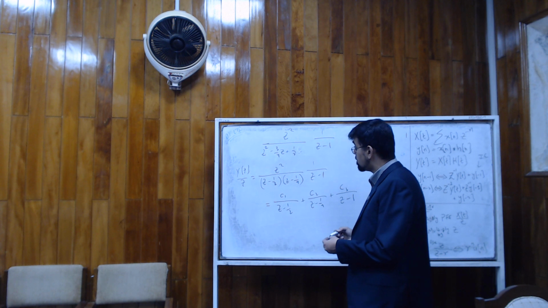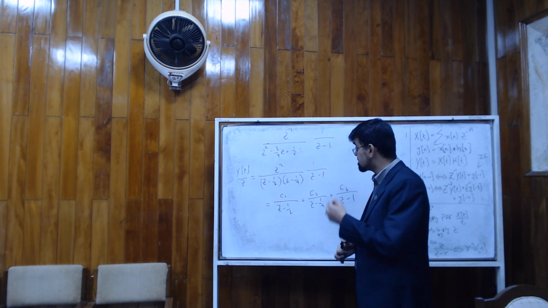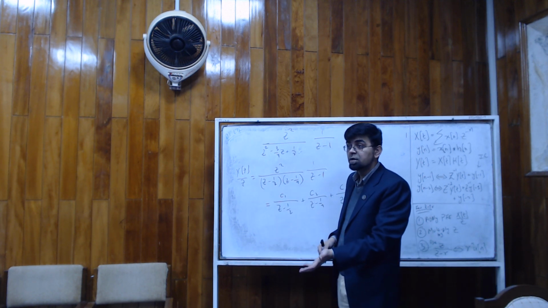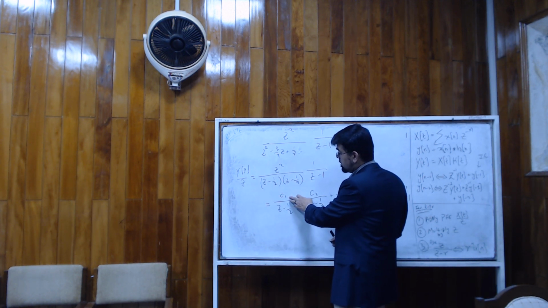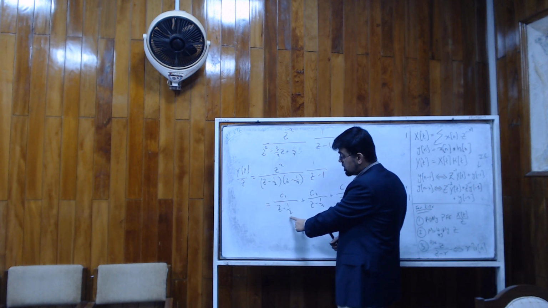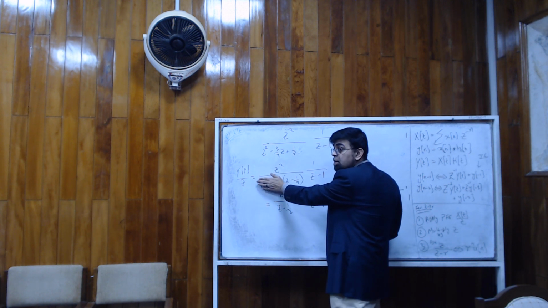Cross multiply, or if you remember, there were shortcuts in partial fraction expansion. To find C1, use the cover up rule. What's the cover up rule? If you want to find C1, cover the denominator of C1 in the original. Cover कर दें. क्या बचा?